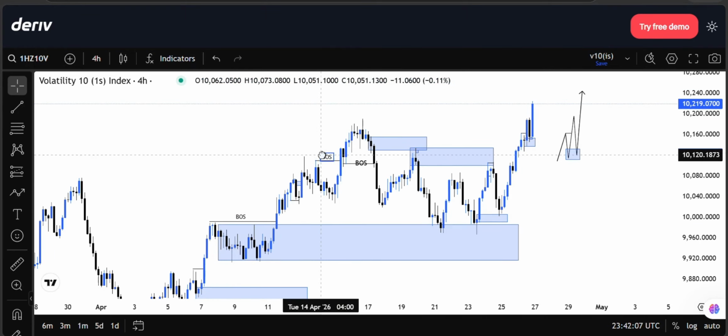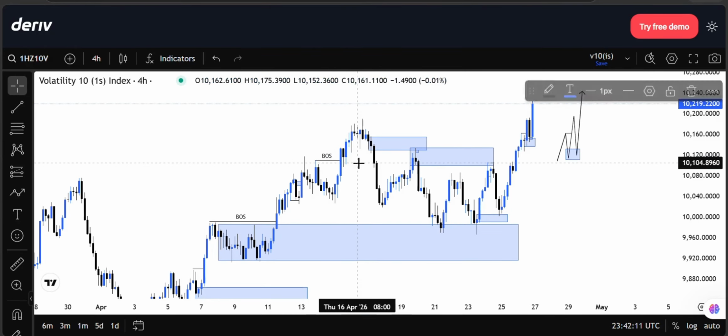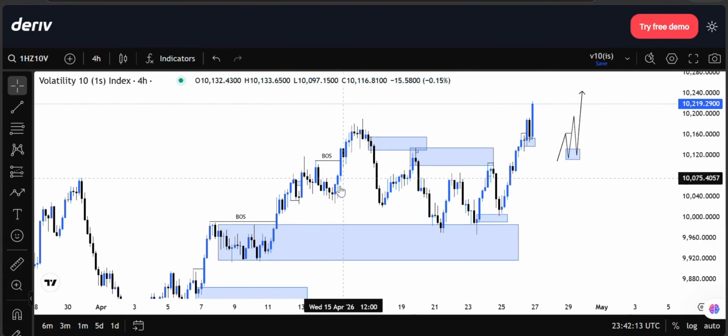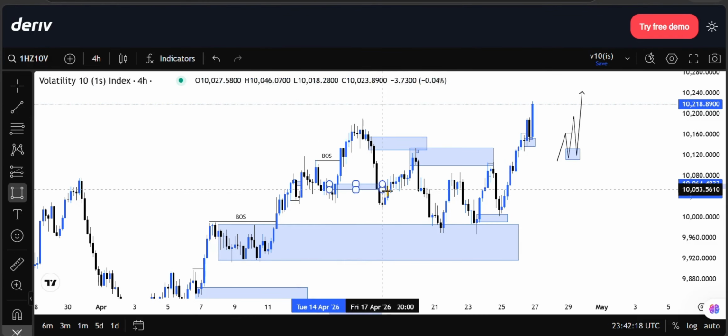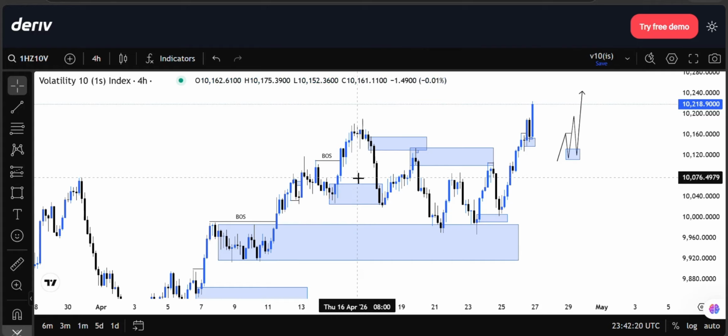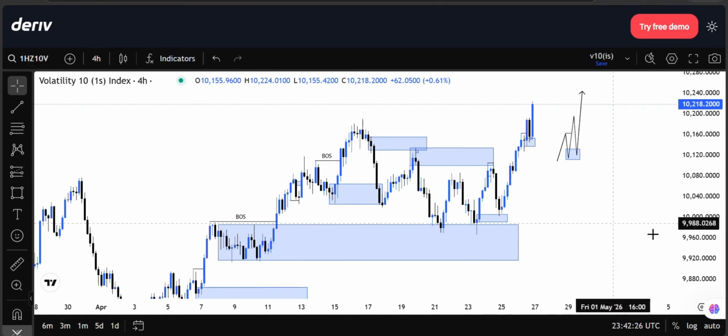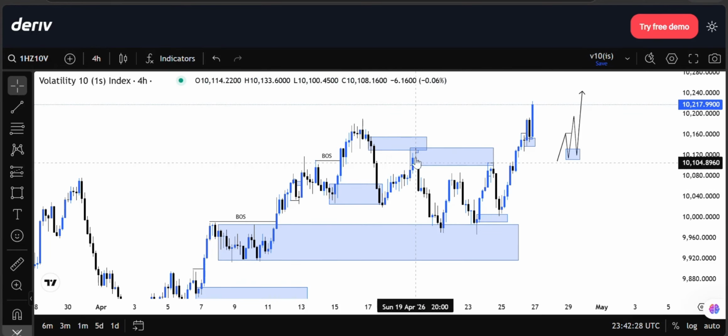So when price broke structure to the upside, let me take this out. Yes, so when price broke structure to the upside, this demand zone triggered this break of structure. Okay, we saw that when price came in, it reacted in that particular zone, and then it went up.